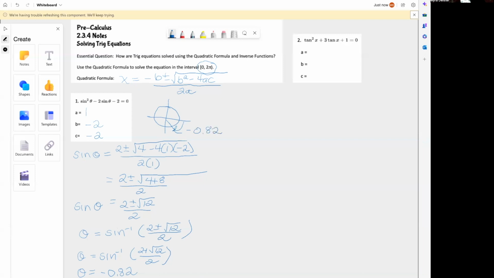So that means that my sine value had to be negative. So what we actually found here, sorry, I want to fix this, is sine inverse of 2 minus square root of 12 all over 2, because the other was undefined.